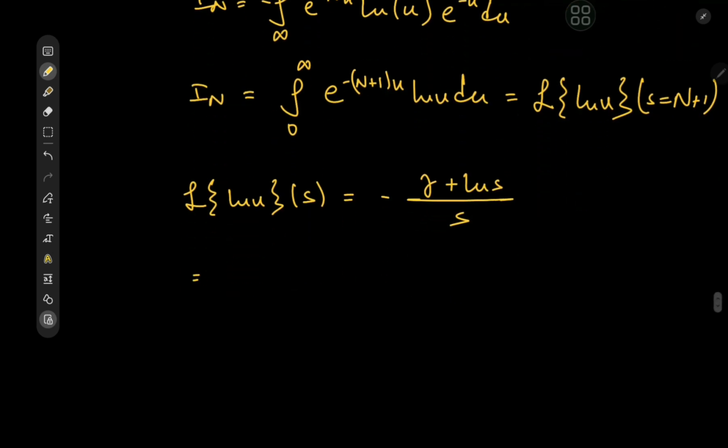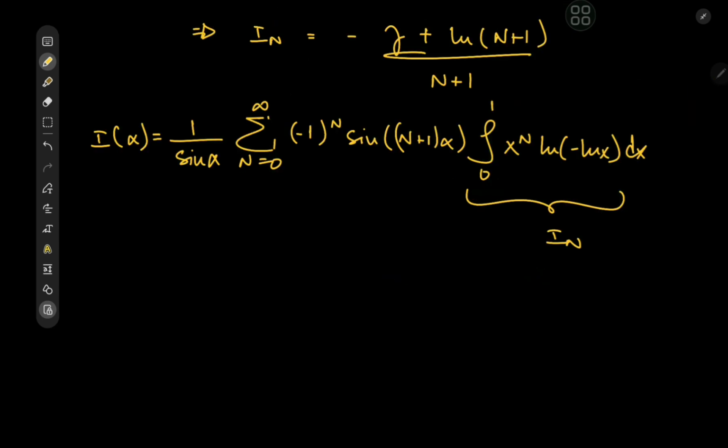So this implies that the target integral I sub n equals negative Euler-Mascheroni plus log n plus 1 divided by n plus 1. So now that we have this result, we can celebrate the fact that we have quite a bit more work to do.